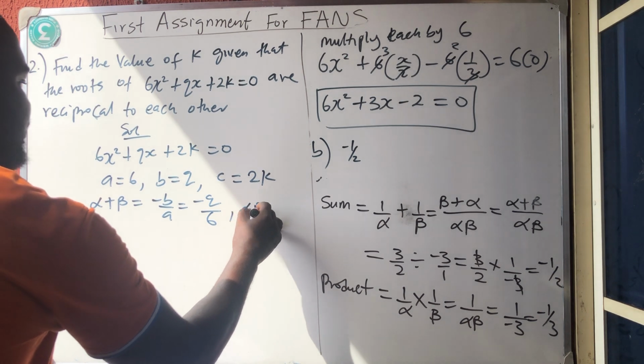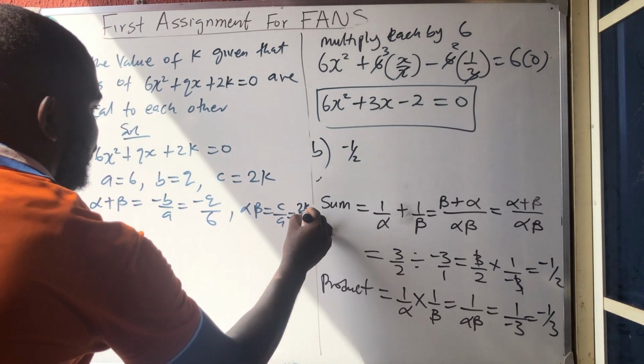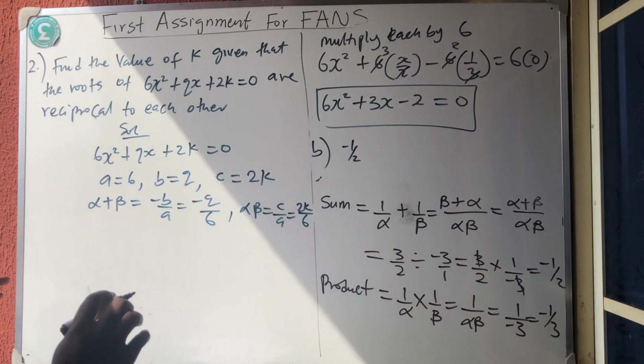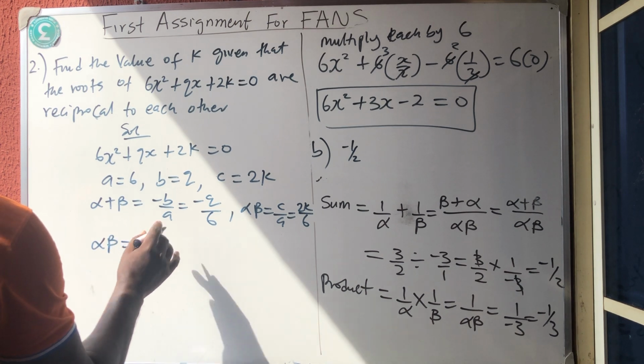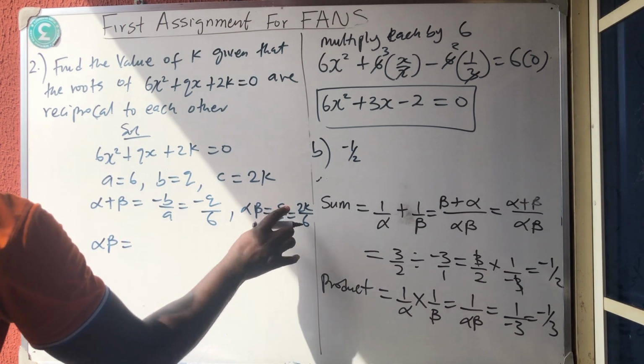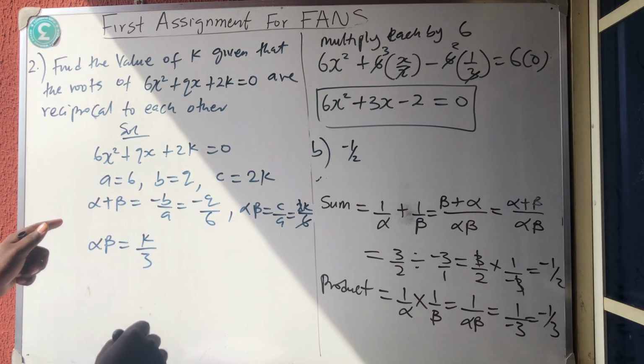And alpha beta is equal to c over a, which is equal to 2k over 6. This cancels this, I'm having k over 3.